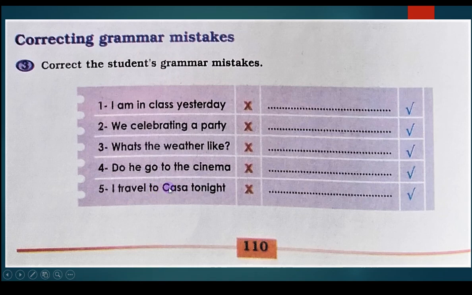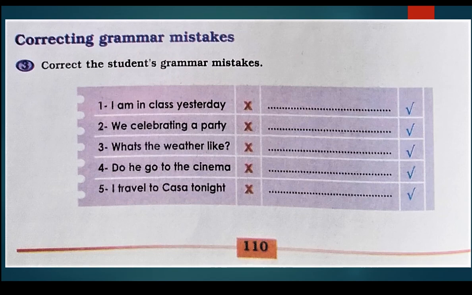Because present continuous and to be going to is used to express a plan in the future. يعني كنستعملوا هاد الزمنين هادو من أجل التعبير على برنامج مستقبلي أو مخطط مستقبلي. So I'm traveling to Casa tonight or I'm going to Casa tonight. Alright? Good.